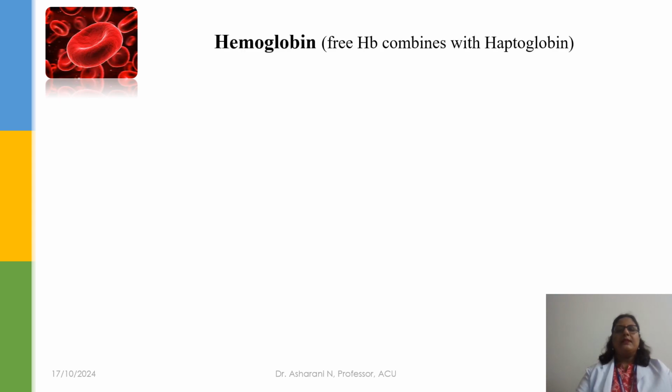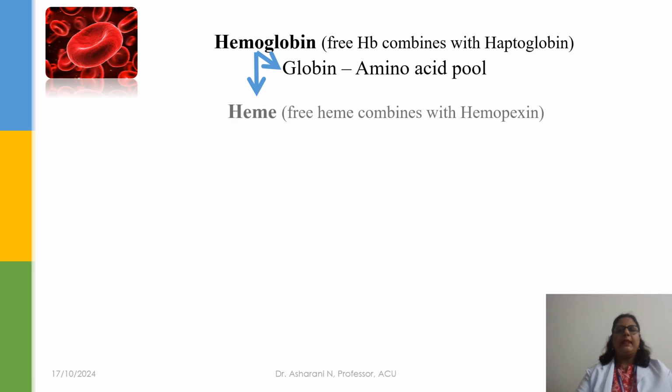Once hemoglobin is released in the RE cells, it binds to haptoglobin so that there is no loss through urine. The globin part, that is the protein part of hemoglobin, is released and it adds to the amino acid pool. The remaining non-protein part, that is heme, again binds to hemopexin so that it is not excreted through urine.